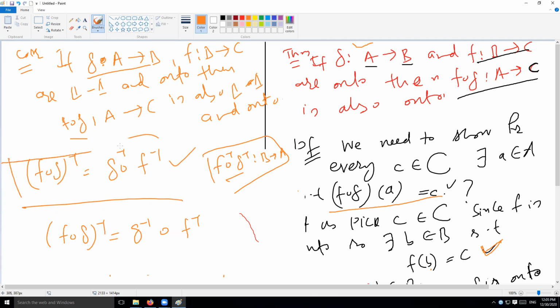So verify it. ठीक है, ये आपने खुद वेरीफाई करना है. You have to prove the equality of these two functions. You have to prove that F composition G का inverse is equal to G inverse composition F inverse. Prove it for yourself actually. ठीक है, you will see that this would be true.